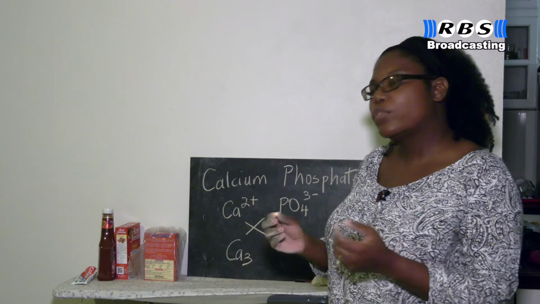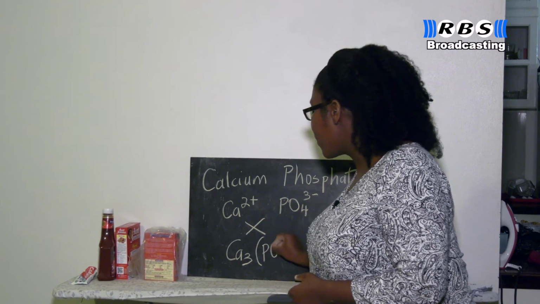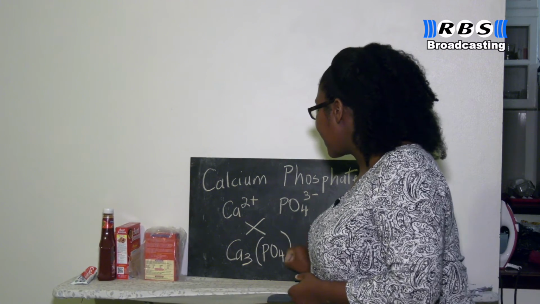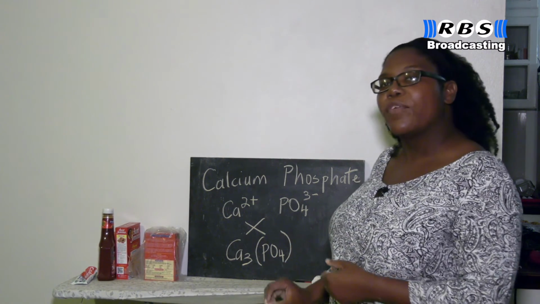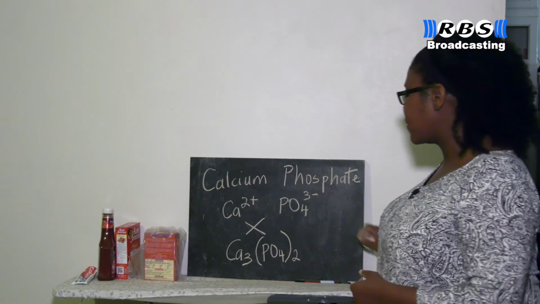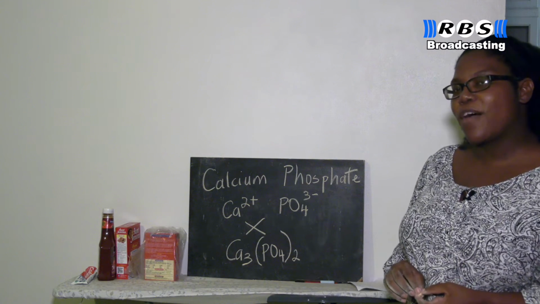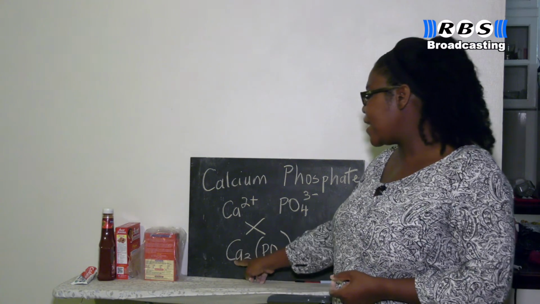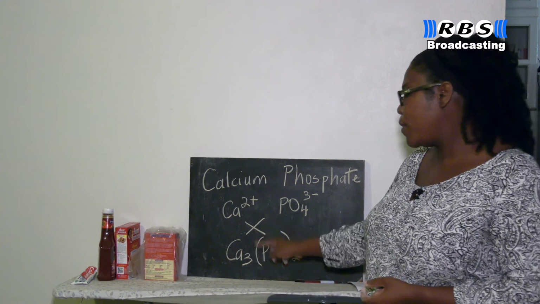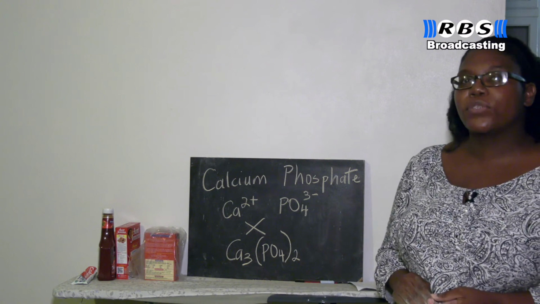So we need to place the ion PO4 in brackets and drop the 2 outside of the brackets. So the formula of calcium phosphate is Ca3, open brackets, PO4, close brackets, 2.